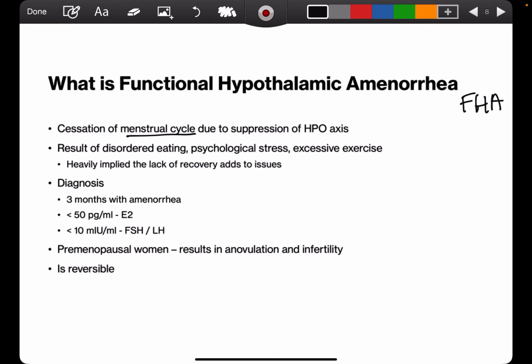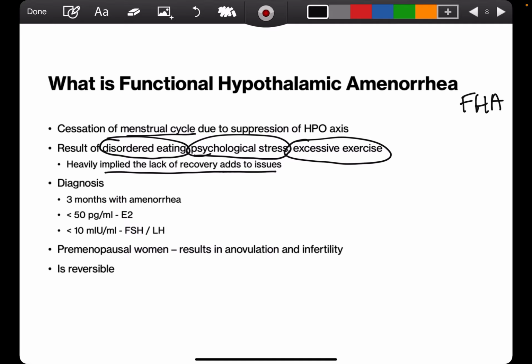So, functional hypothalamic amenorrhea, or FHA, sorry. It's the complete cessation of the menstrual cycle due to the suppression of the HPO axis. This is ultimately a result of stress, but commonly it's seen in young athletes, where these three things are the issue: disordered eating, psychological stress, and excessive exercise.